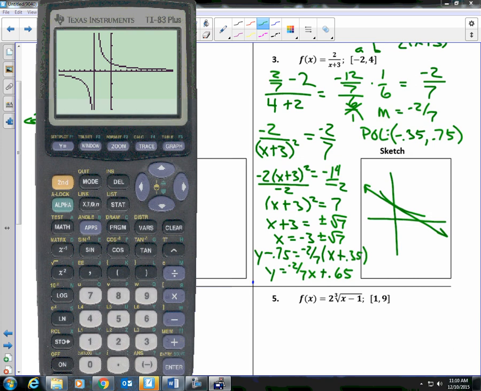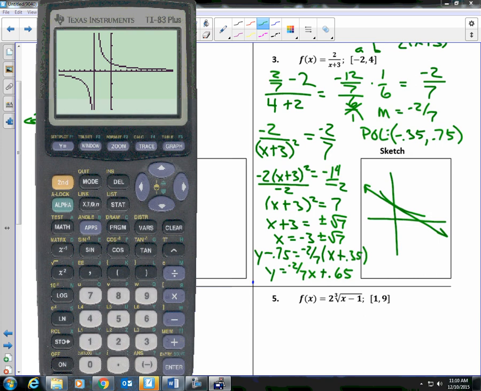So look, we had one spot where it's negative 2/7, say right here at negative 0.35. Is there another spot where it's equal to negative 2/7? Yeah, right here, right? That was at our negative 5.65 or whatever we came up with before. And so we didn't want that one because it wasn't in our interval. But that's why it came up with 2 of them. So the calculus accounts for that, which is pretty cool.